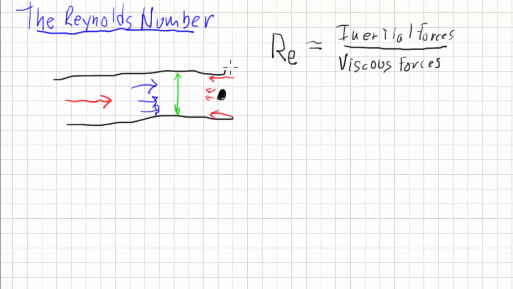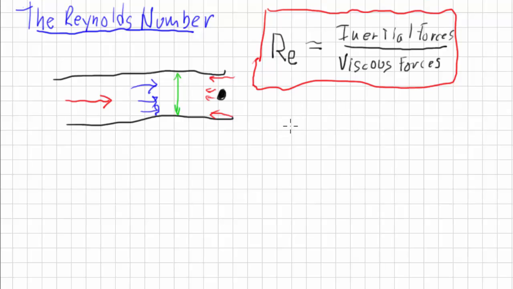Now, there are other forces involved in this kind of flow, but this Reynolds number hits a couple of the big ones, the inertial forces over the viscous forces. And again, this Reynolds number can help us figure out what kind of flow is happening with this particular setup.